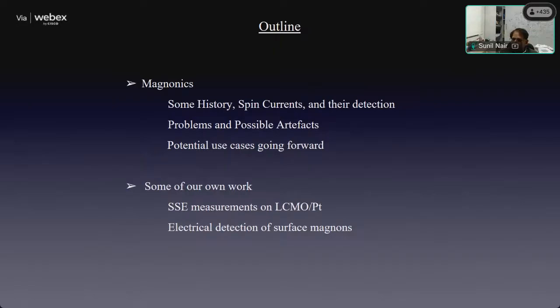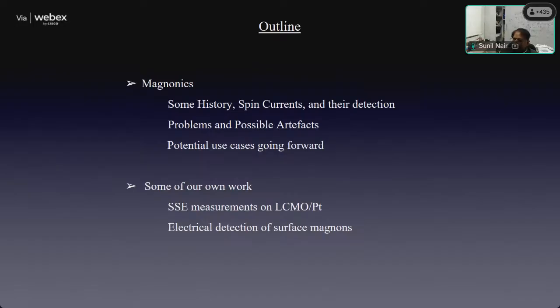So I want to introduce the concept of spin currents and how they can be detected and generated. Then the problems and potential artifacts which arise when one looks at the generation, manipulation and detection of spin currents, and some potential use cases going forward.